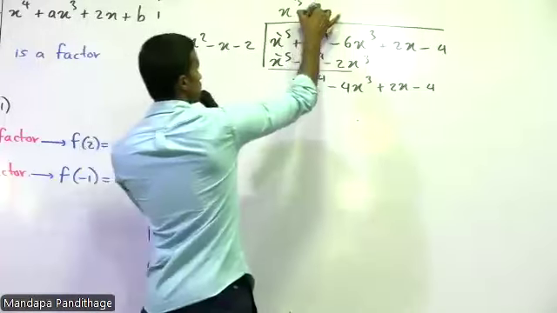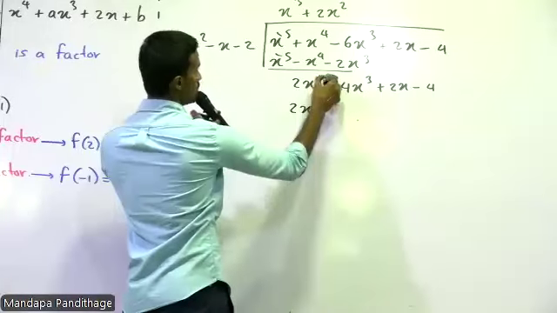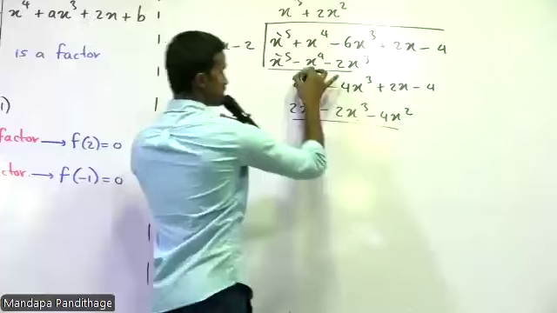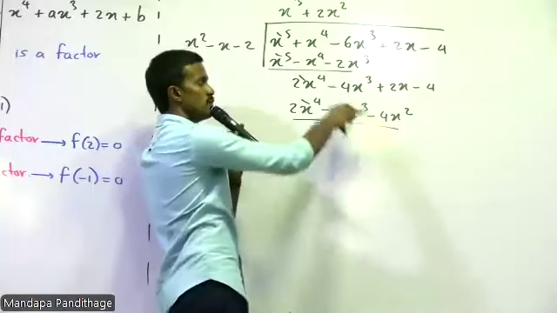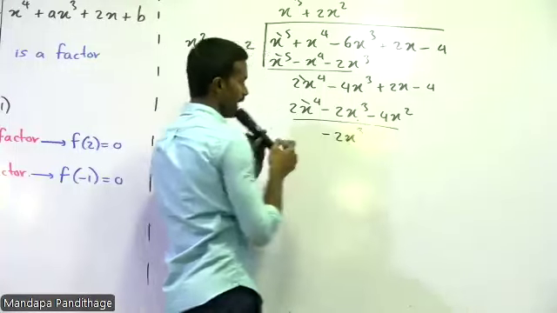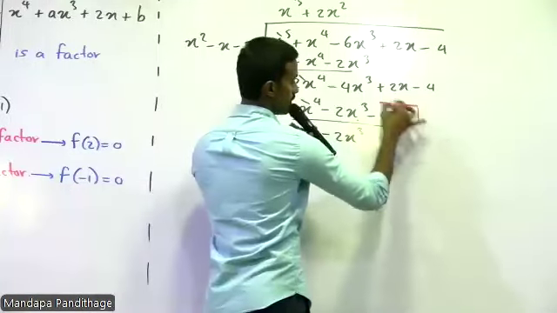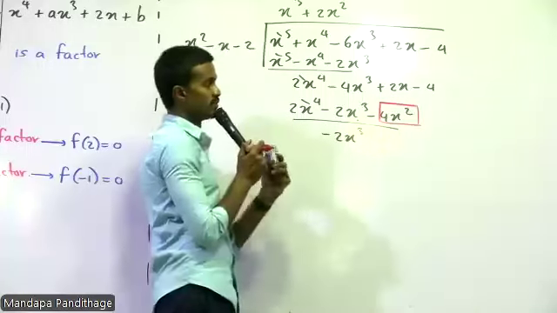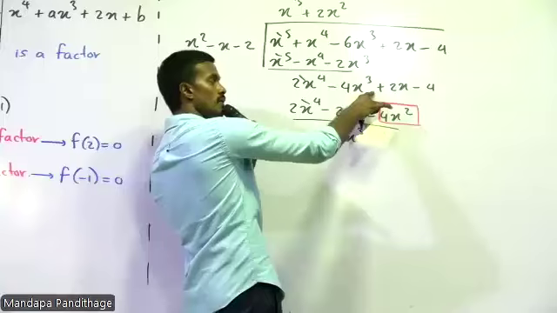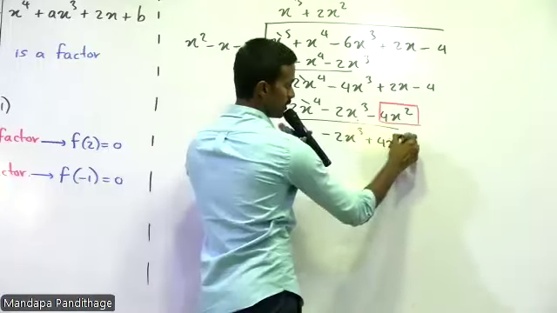2x^4 divided by x squared is 2x squared. When you multiply, it's 2x^4 minus 2x cubed minus 4x squared. So these two cancel off. Minus 4 minus minus 2 is plus 2. Minus 4 plus 2 is minus 2x cubed. And here you can see there is an isolated x squared because in the upper line there's no x squared. So what happens here? It's 0 minus minus 4, which becomes plus 4x squared.